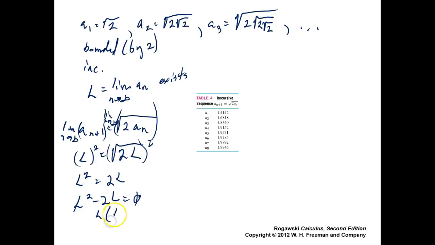That says L times L minus 2 is equal to 0, right? Well, either L is equal to 0, which we know is not true because L is positive. It can't be 0, okay? So the second one gives us L is equal to 2. That is your limit. And sure enough, that's what it indicates there. All right. Interesting little way to do that.